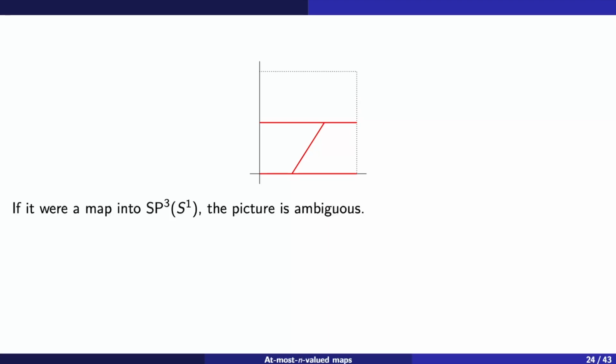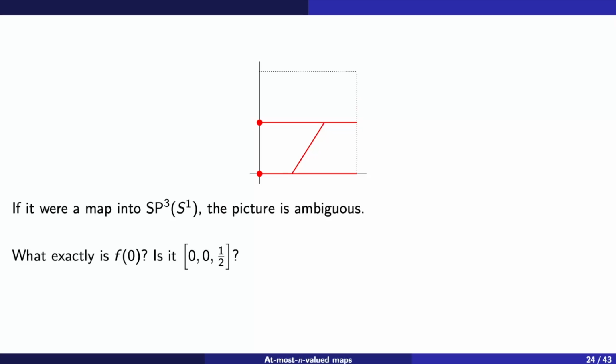If you think about it, if this really was a legal function into this unordered triples space, then the picture actually is a little ambiguous. For example, what exactly is f of 0? That would be those 2 points, all right? But I have to consider those 2 points as an unordered triple, and it's ambiguous. I'm writing this as the interval 0 to 1.